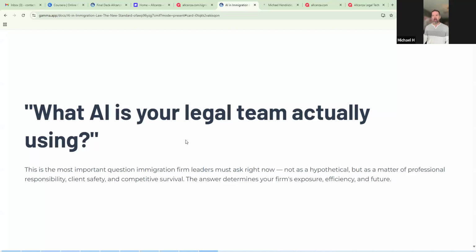So what AI is your legal team actually using? This is a huge question. If they tell you they're using their own AI, I would verify that that AI doesn't have access to the internet, even if it's a proprietary wrapper. If it has access to the internet, that's considered open source, which means it's discoverable.